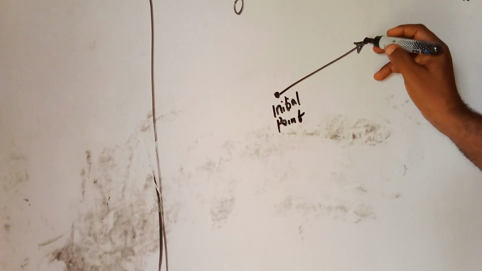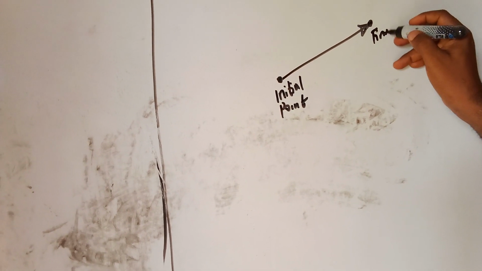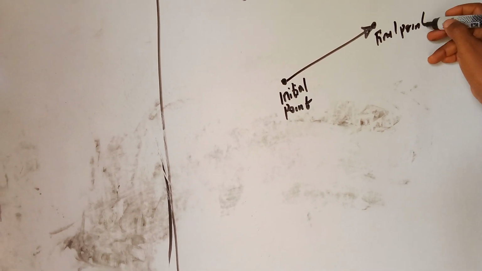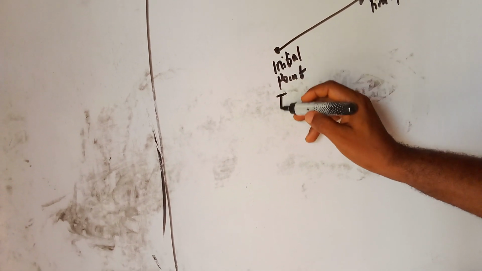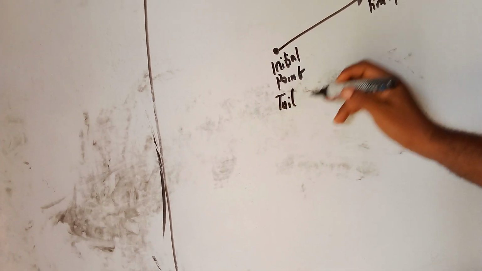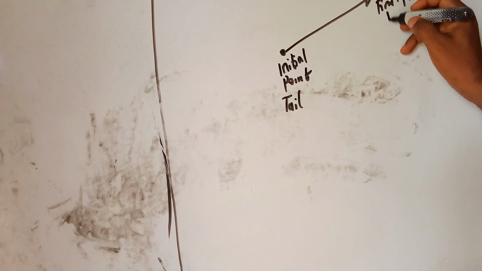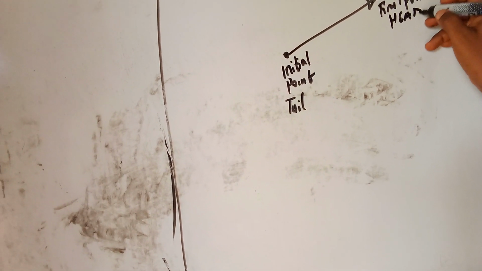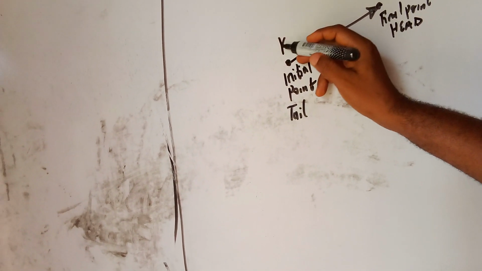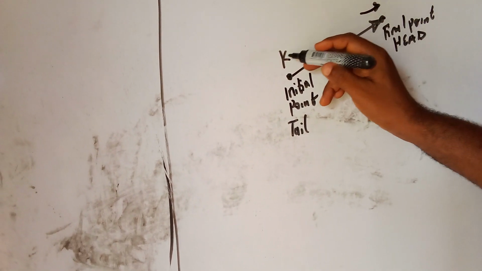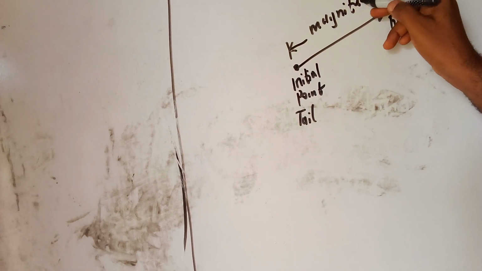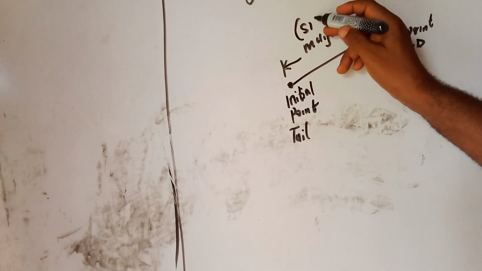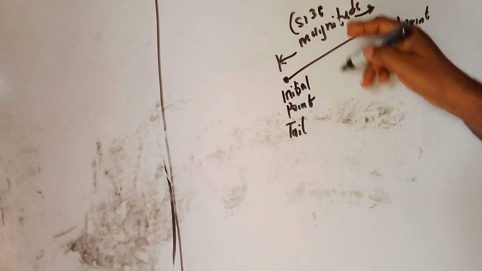And this particular point here is the final point. This starting point, called initial point, is known as the tail of your vector. And this final point is known as the head of your vector. And the length of this arrow is called the magnitude of the vector. Magnitude simply means the size, how big or how small your vector is. So take note of that.